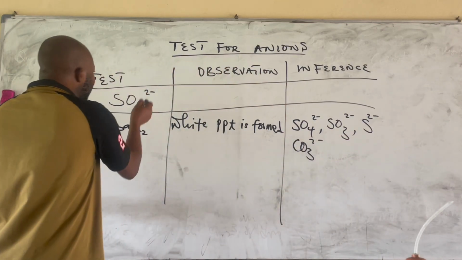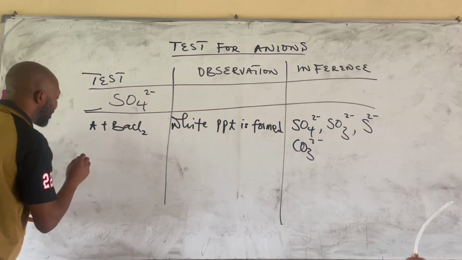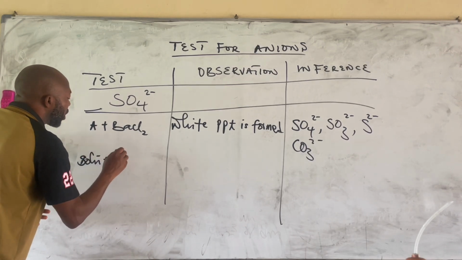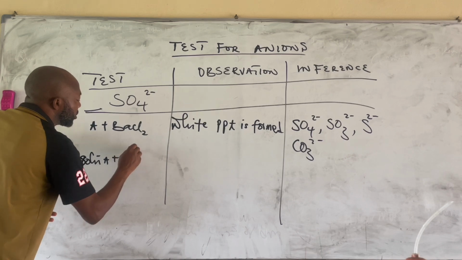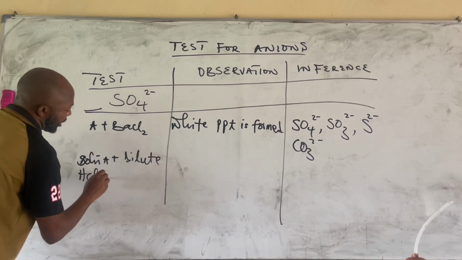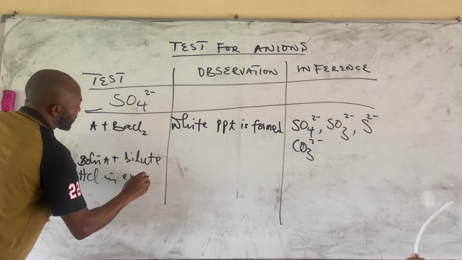So, this white precipitate: A solution plus dilute hydrochloric acid in excess.